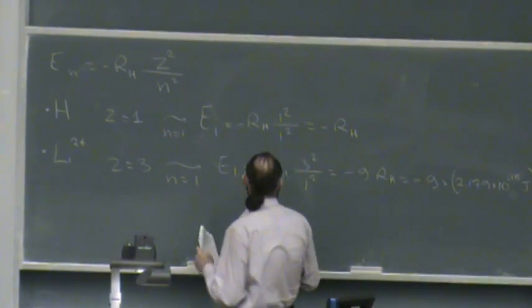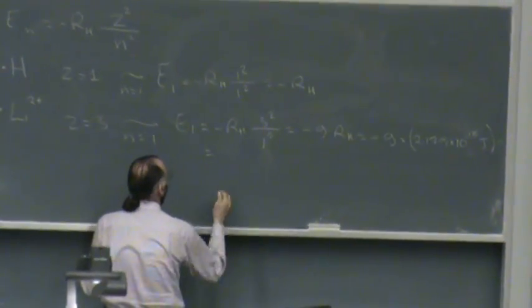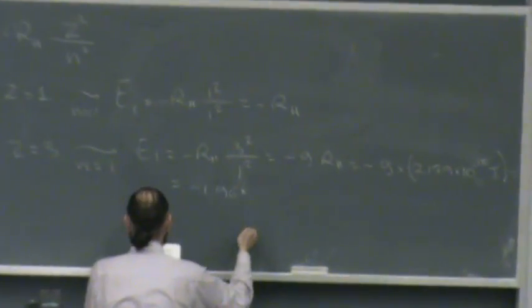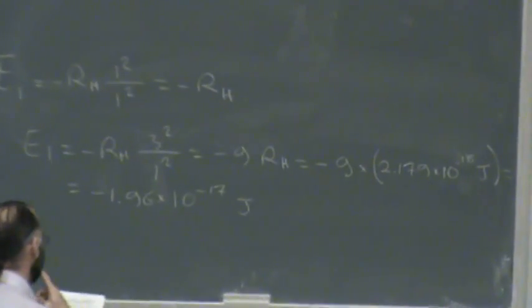That will give you a value of minus 1.96 times 10 to the minus 17 joules.